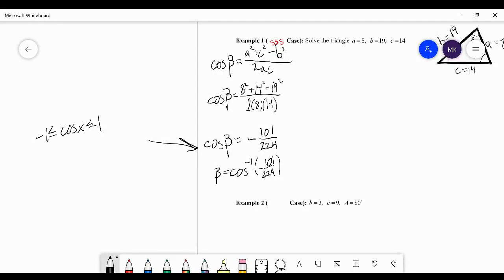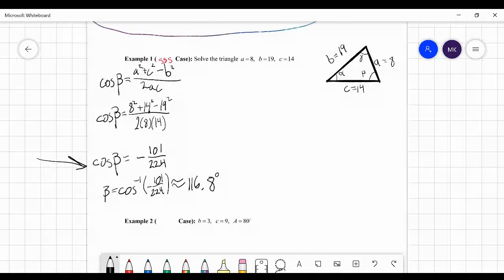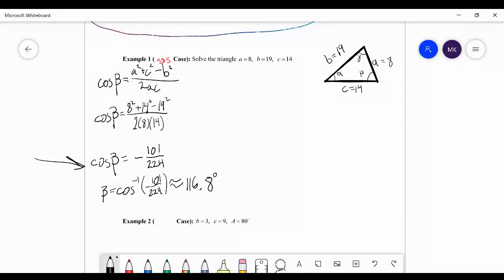So inverse cosine of -101 over 224, this, because I'm running out of room, is approximately 116.8. And that's degrees. Now, if we just wanted to find beta, we'd be done. But we don't. We want to solve this triangle, which means I need to find everything else.